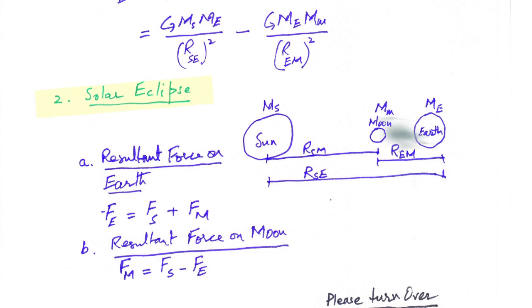So this is called solar eclipse, and Moon also hides the Sun behind it while we are looking at it from the Earth. The resultant force on Earth is going to be force of the Sun and force of the Moon on Earth, and resultant on Moon is going to be force of Sun on Moon minus the force of Earth on Moon.